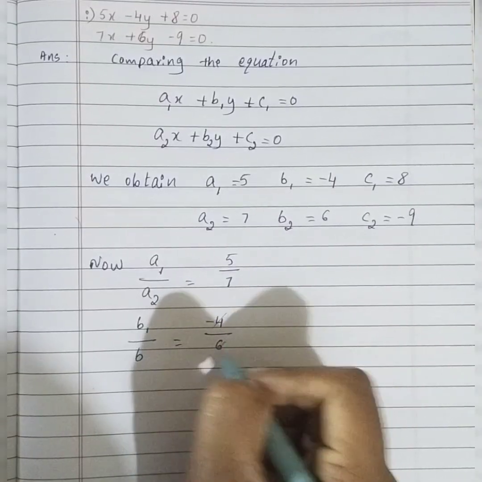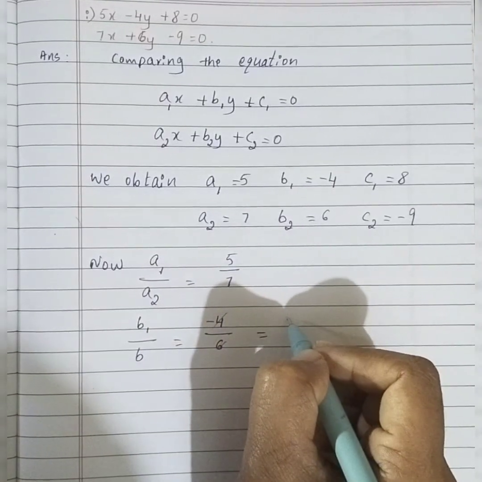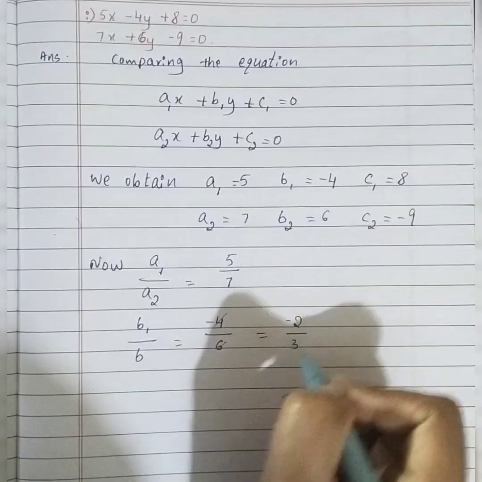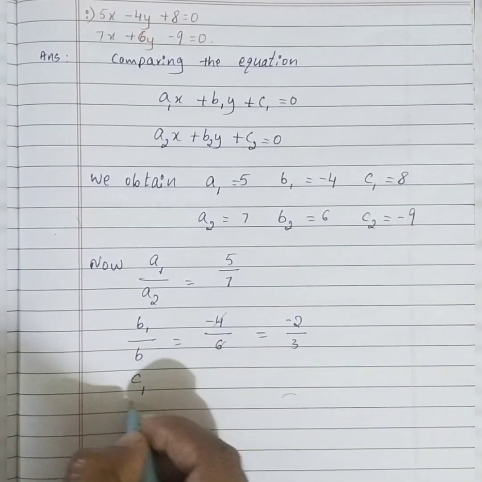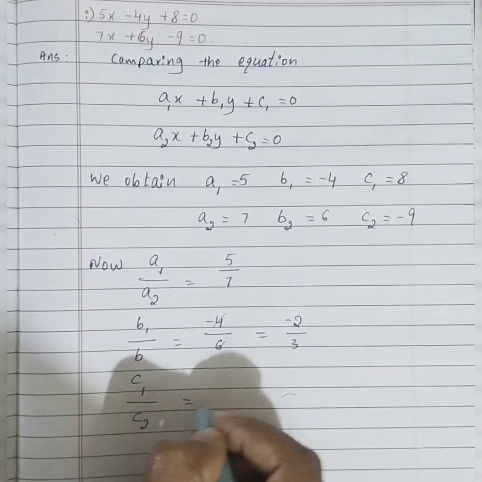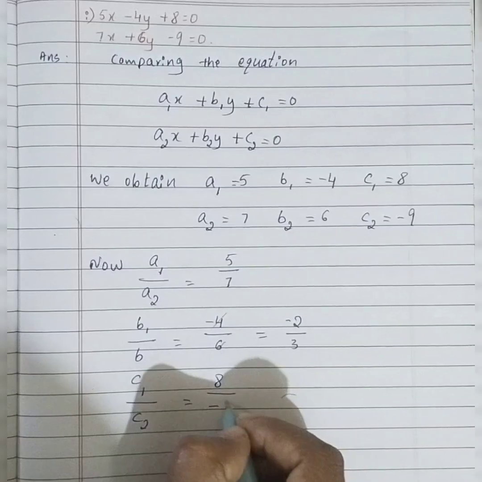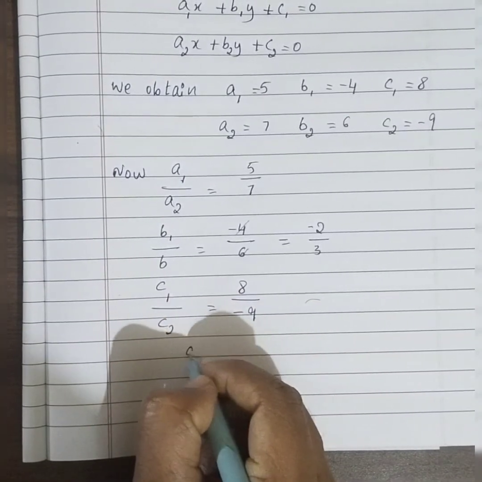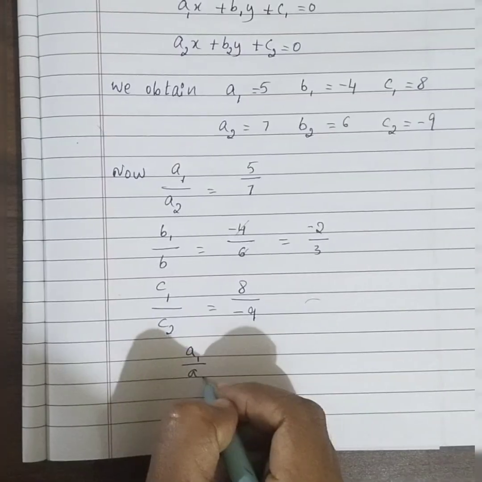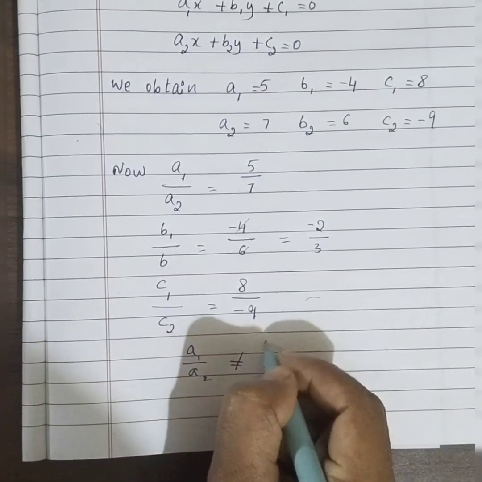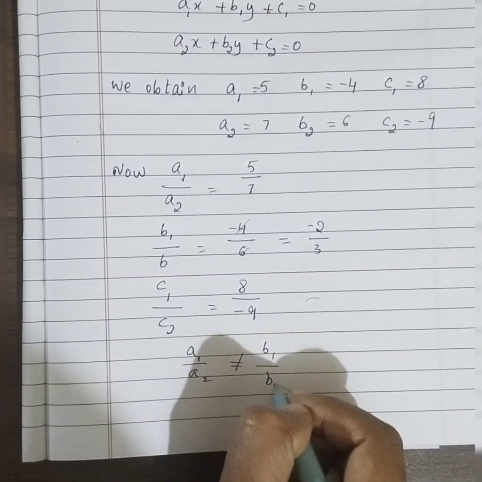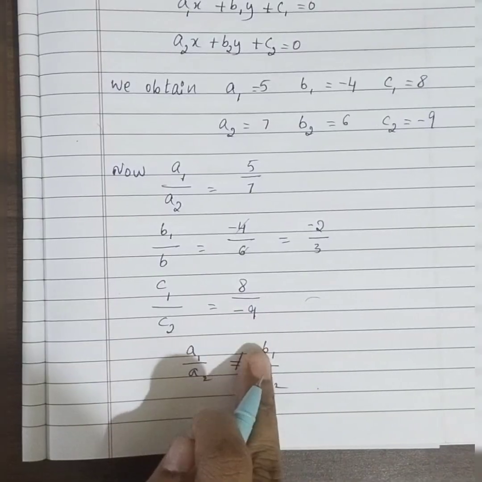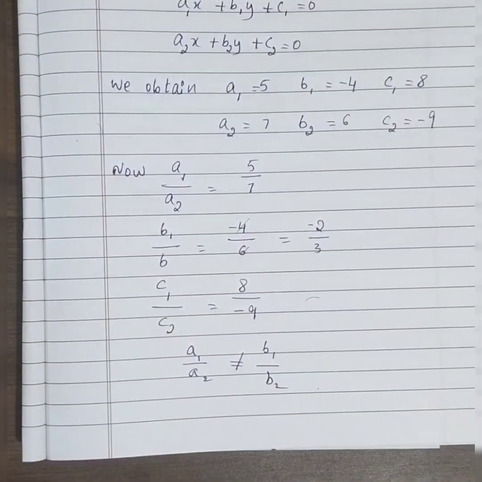After simplifying this, we will get the answer as minus 2 by 3. Then c1 divided by c2, that is 8 by minus 9. Now here a1 by a2 is not equal to b1 by b2. What if these two are not equal?